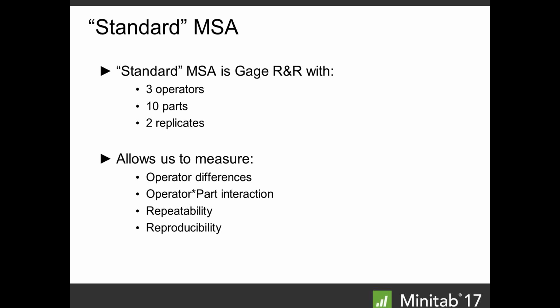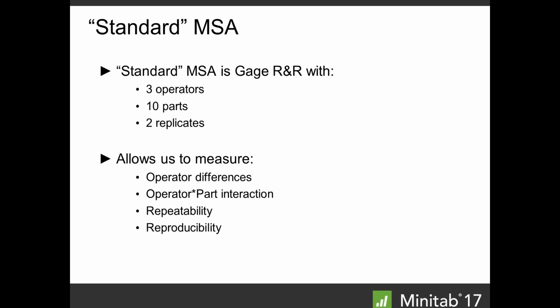Repeatability, which is the ability for an operator to measure the same part multiple times with as little variation in their measurements as possible. And then reproducibility, which is really how much difference there is between 2 operators measuring: operator differences and the operator-part interaction. Those are both the 2 components of what we call reproducibility.